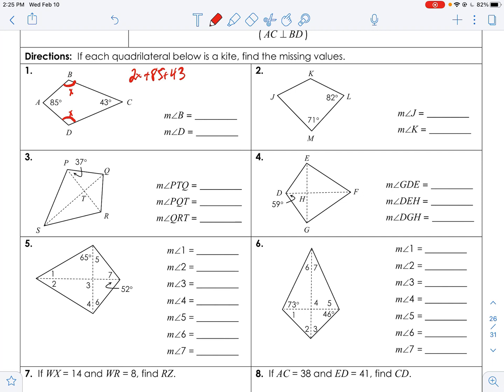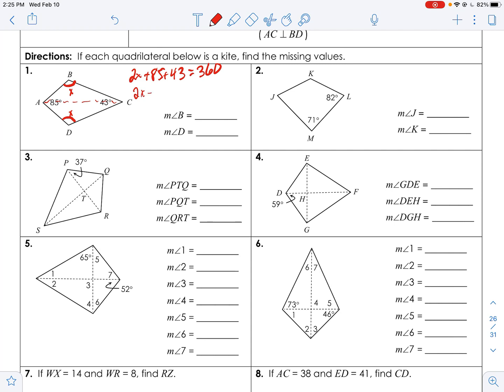And if you remember back to the very beginning of quadrilaterals, we looked at polygons in general and the rule for the interior angle measures. And that's how many triangles you can form. Well, we can draw that little diagonal right down here. And that's two triangles. One triangle is 180, two triangles is 360. So the total inside of a quadrilateral should be 360 degrees.